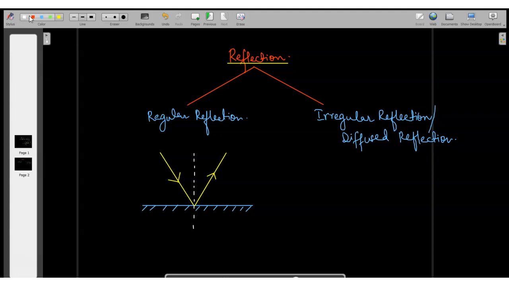Okay, so what are these things? This is your incident ray. This is your reflected ray. Okay, this is your normal. This is the plane mirror.